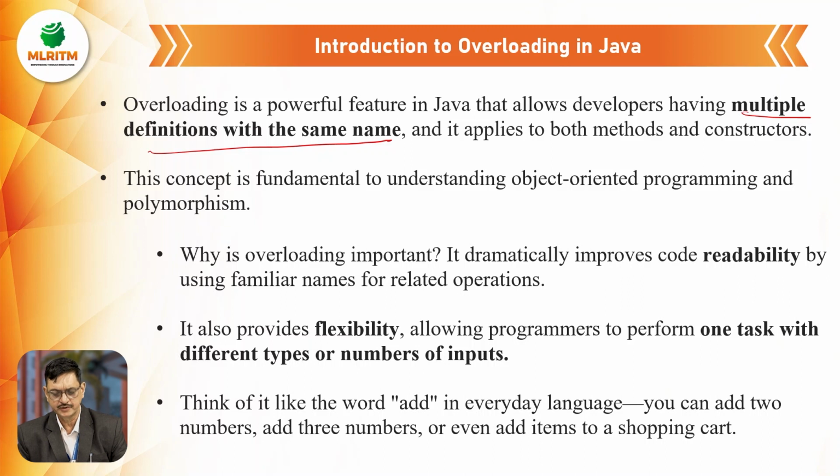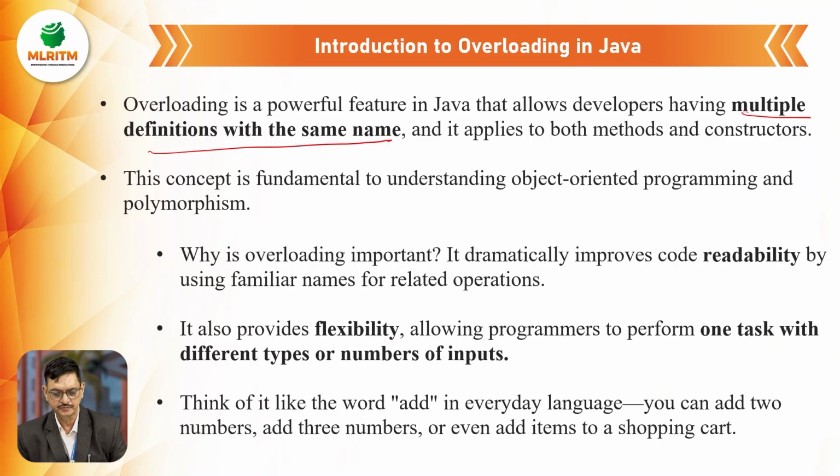Why? Because fundamentally we are having a similar signature or similar name. We have to define a lot of functionalities. If you are giving different names to different functions of a similar nature, it is difficult to remember also.